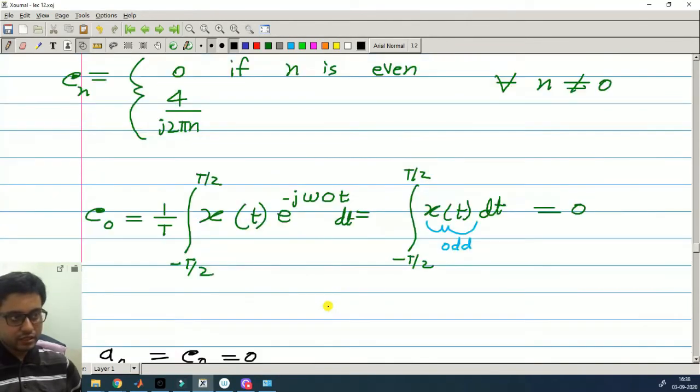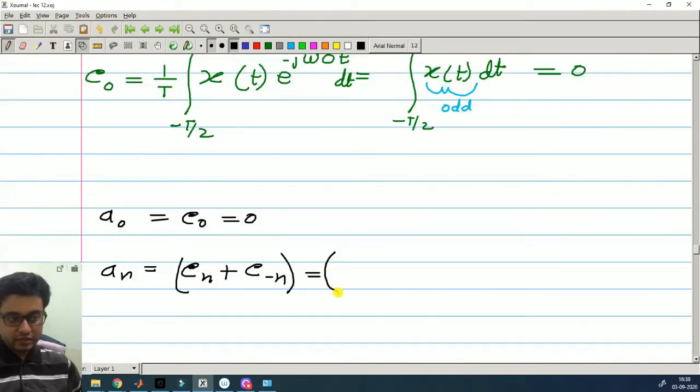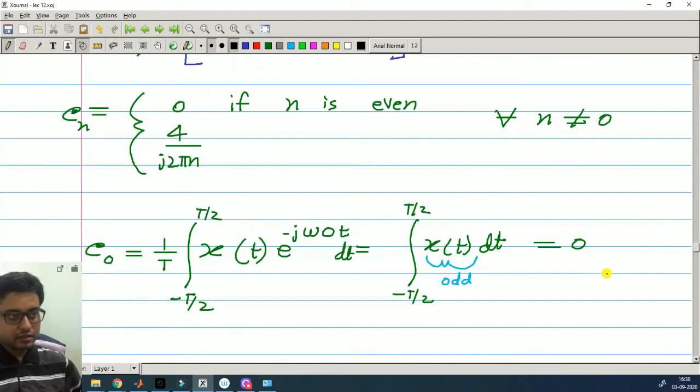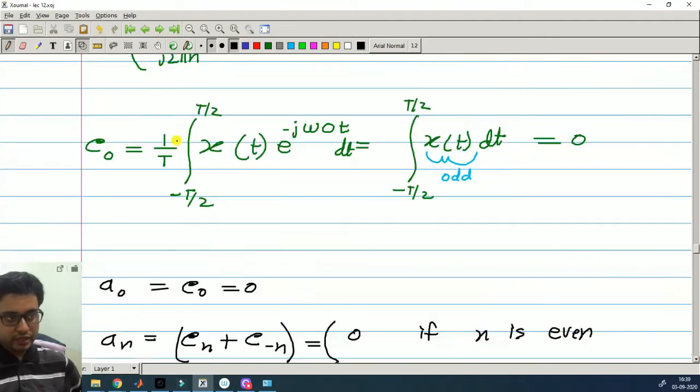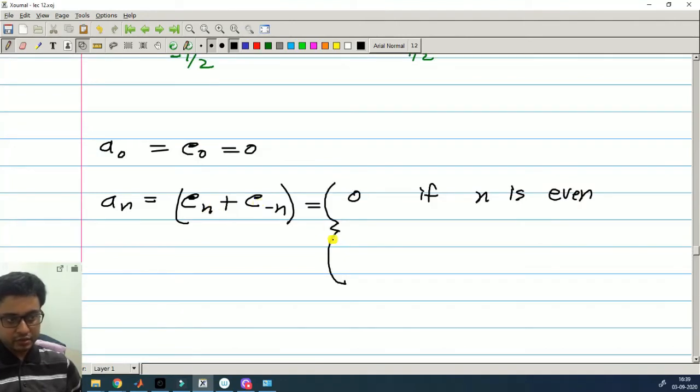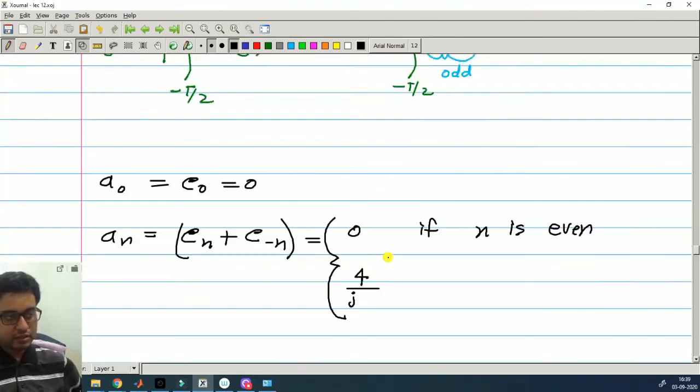Now this will be equal to 0 if n is even, and otherwise we have Cn, that is 4 by j 2 pi n, plus C minus n, that is 4 over j 2 pi minus n, if n is odd.